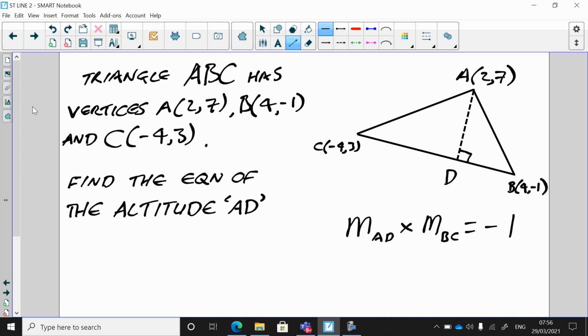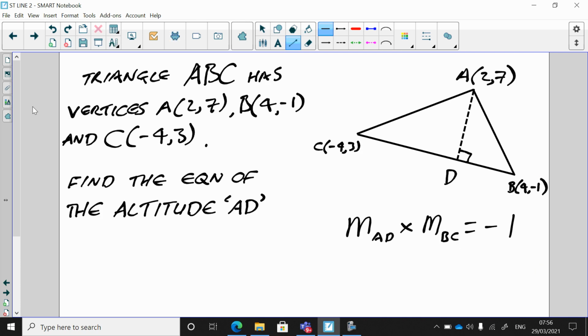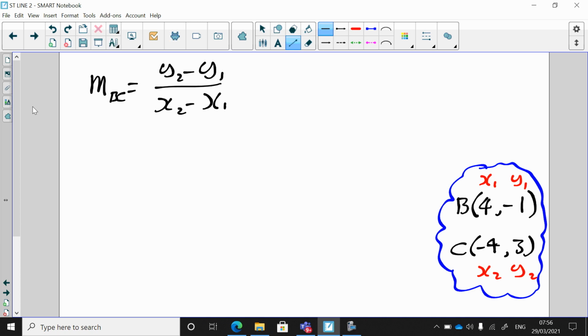So because the lines are perpendicular, the product of the gradients, i.e. the multiplication of the gradients, comes up to give you -1, unless they're horizontal and vertical lines. So just taking the coordinates of that line in the triangle, BC, because D is somewhere along the distance here.